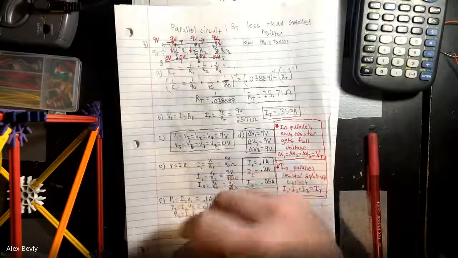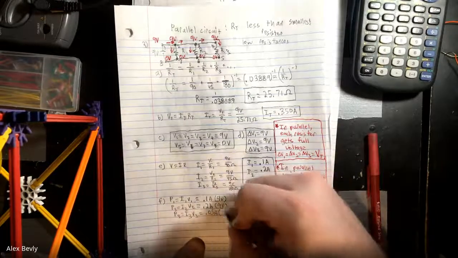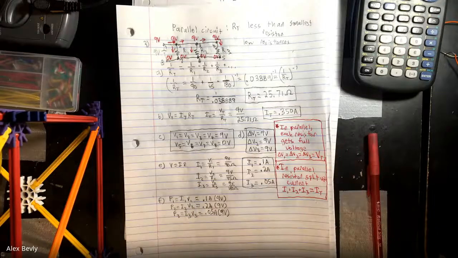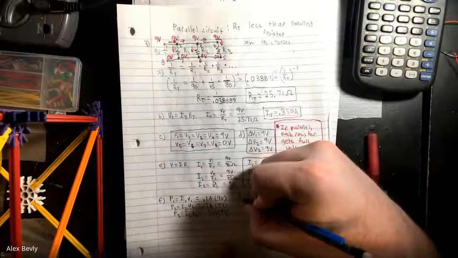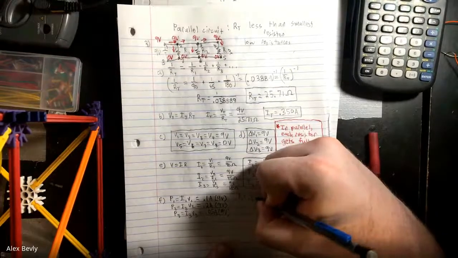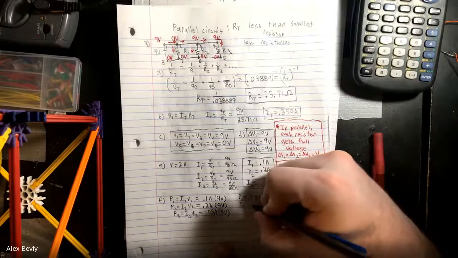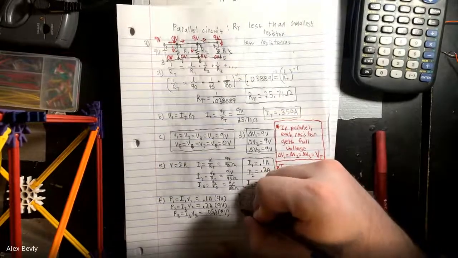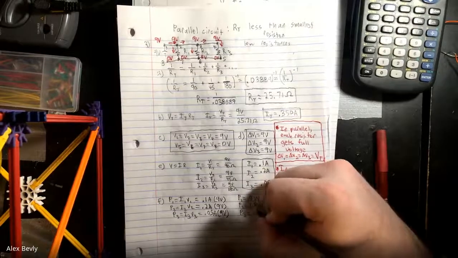And then resistor 3 only gets 0.05 amps, but it still gets the entire battery voltage of 9 volts. 0.1 times 9 is 0.9 watts. 0.2 times 9 is 1.8 watts. 0.05 times 9 is going to be 0.45 watts.